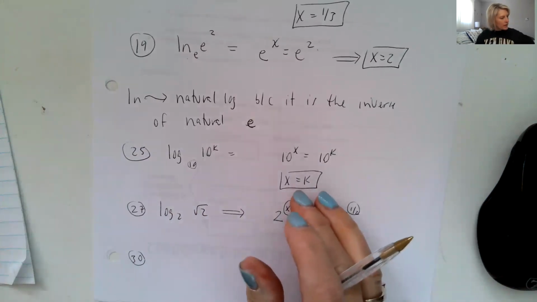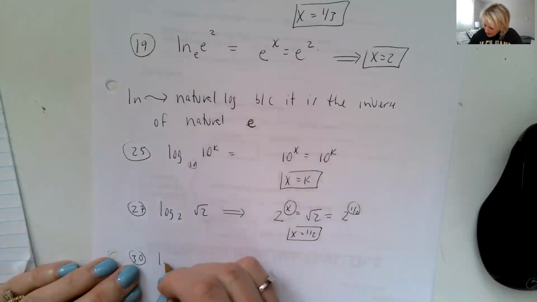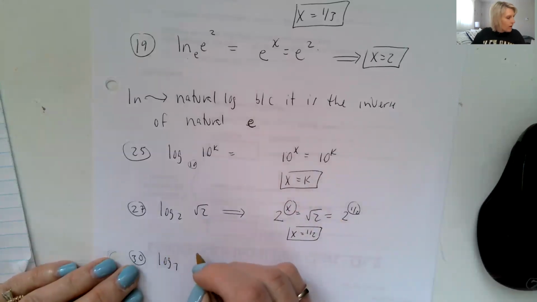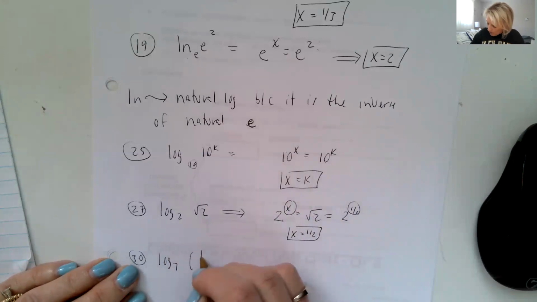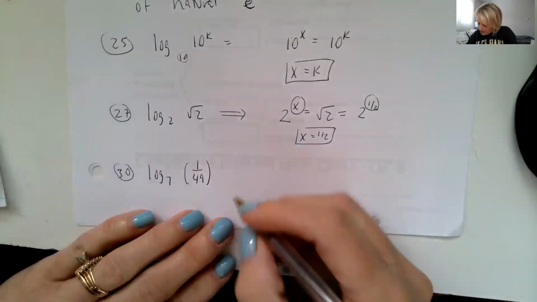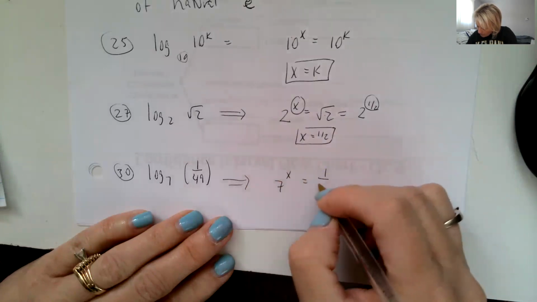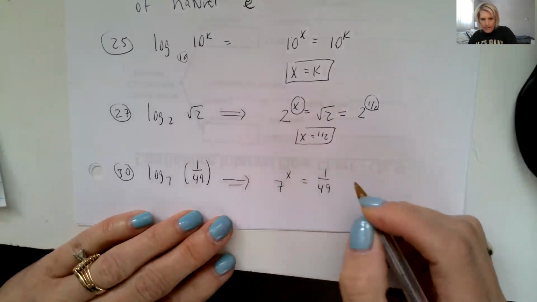And then 30 is log base 7 of 1/49. So this is saying 7 to what x will give me 1/49.